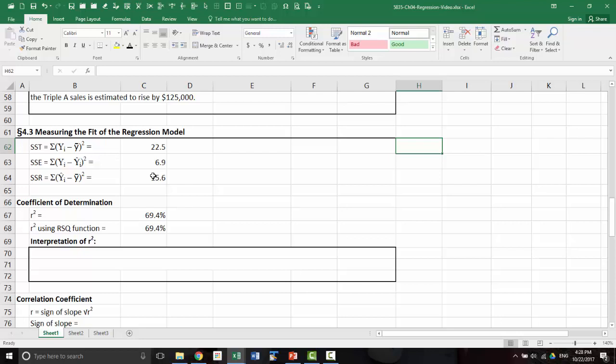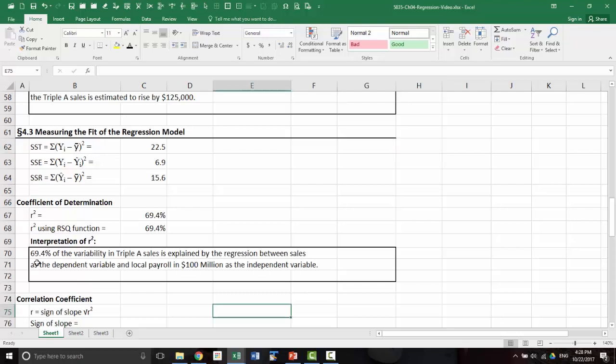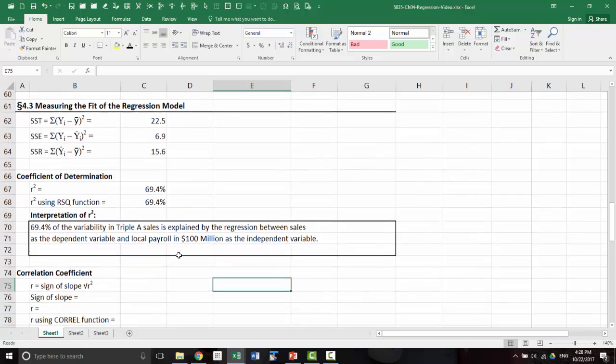In other words, 69.4% of the variability in AAA sales is explained by the regression between sales as the dependent or response variable and the local payroll in $100 million as the independent variable.